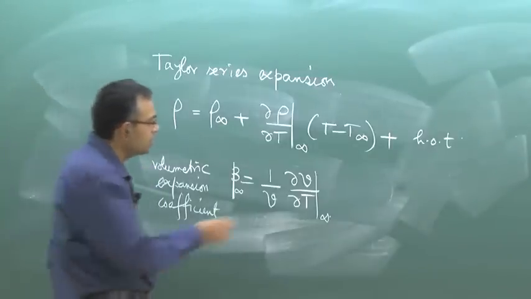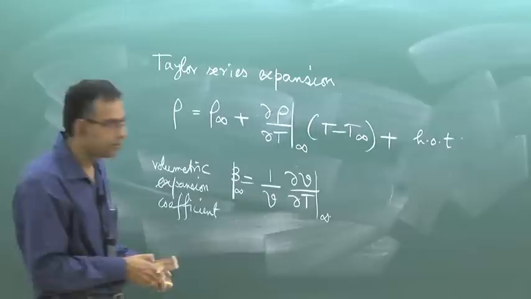Now instead of specific volume we will write 1 by density.